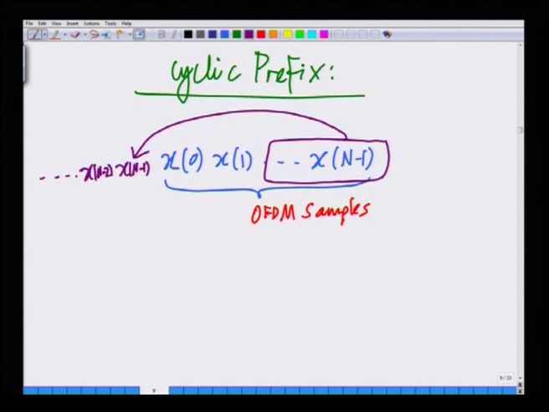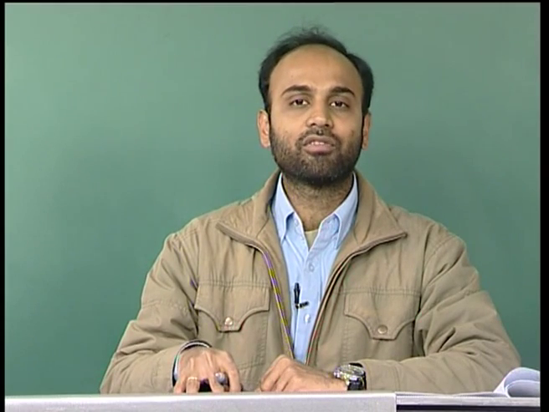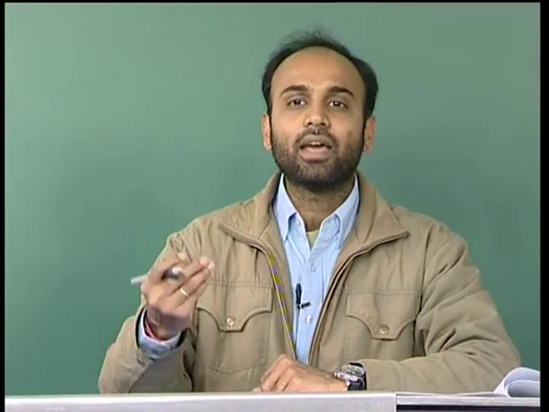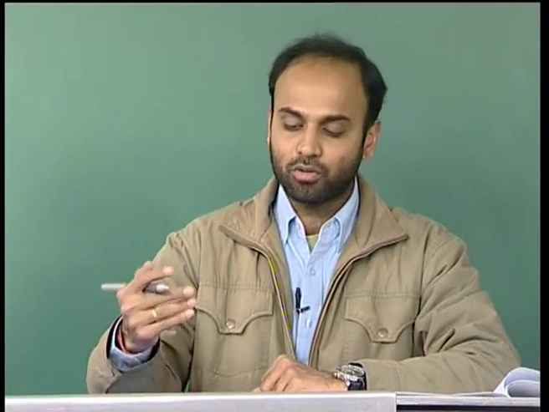Now, remember, the first thing I want to point out is how many such symbols of cyclic prefix do we need? We at least need a number of symbols roughly of the order of the delay spread. Remember, we need at least L minus 1 symbols to avoid interference from the previous OFDM symbol.